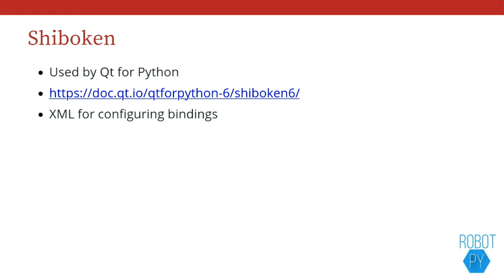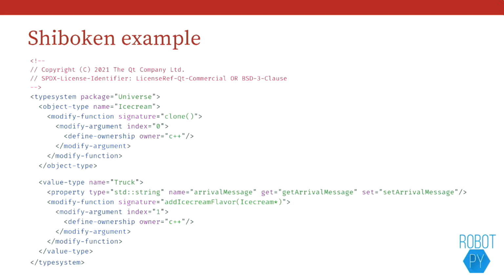That PySide project eventually became adopted by the Qt project and is now the quote-unquote official bindings for Qt. They use some XML to configure, which looks like this. This is an example I pulled straight from their docs. It is a little bit intimidating though, so I'm going to break it down a little bit.